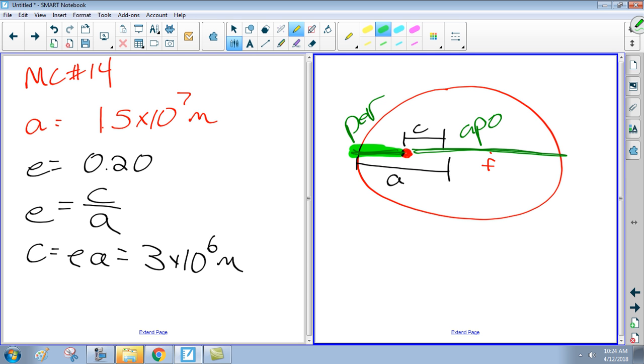And then that means that the apogee has got to be A plus C. Follow? Because this is A again, so it's A plus C. Good? All right. Other questions?